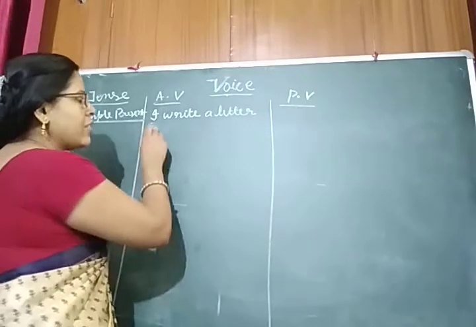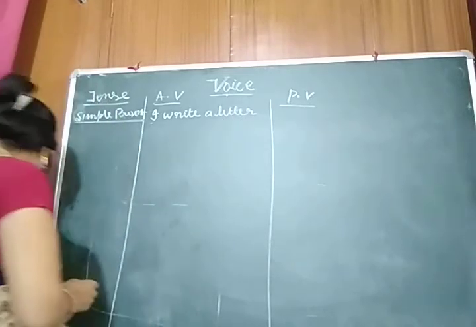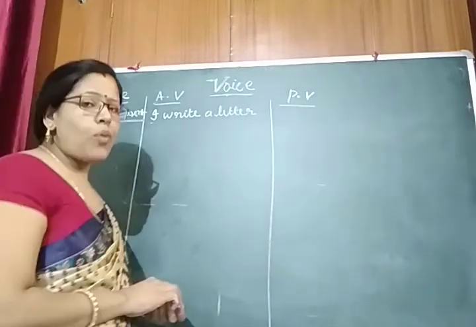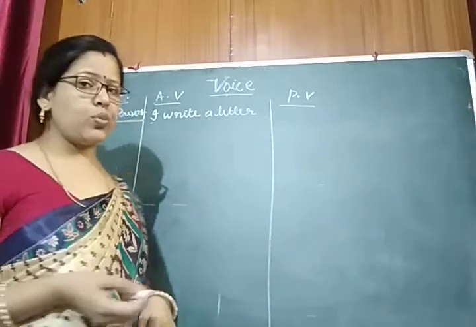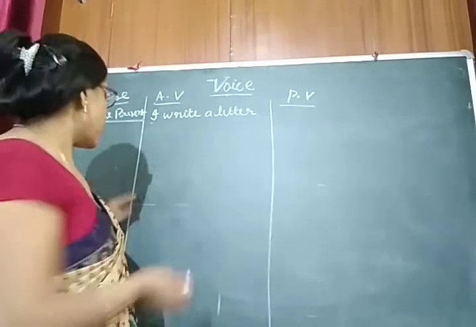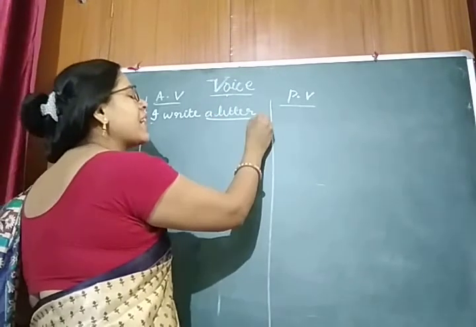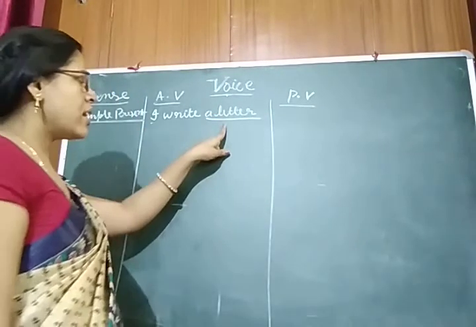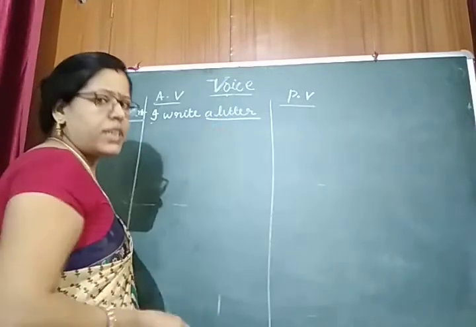I is active here. Now we have to follow table number 1 and 2. Please open table number 1 and 2. So what will we write here? The rule says that at first make the object the subject. So what is the object over here? A letter is the object here.